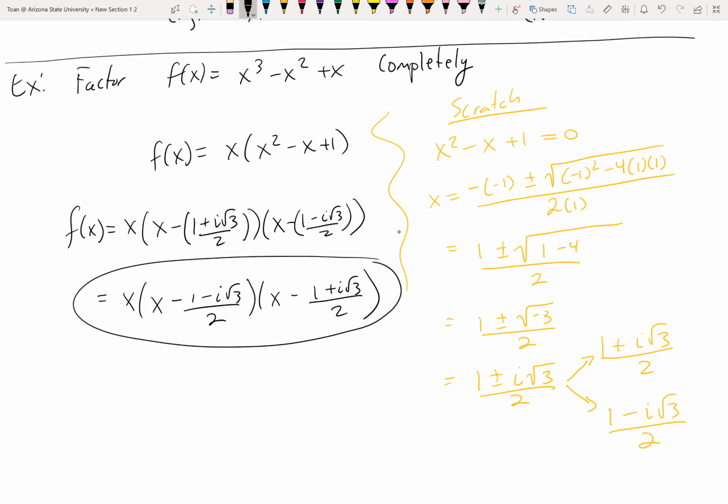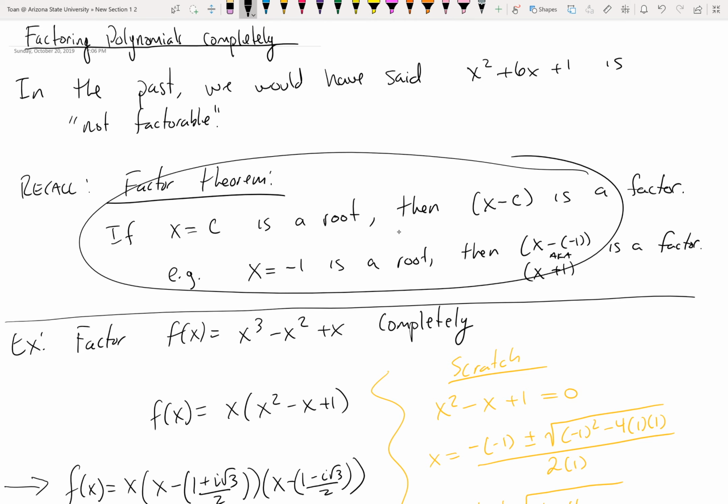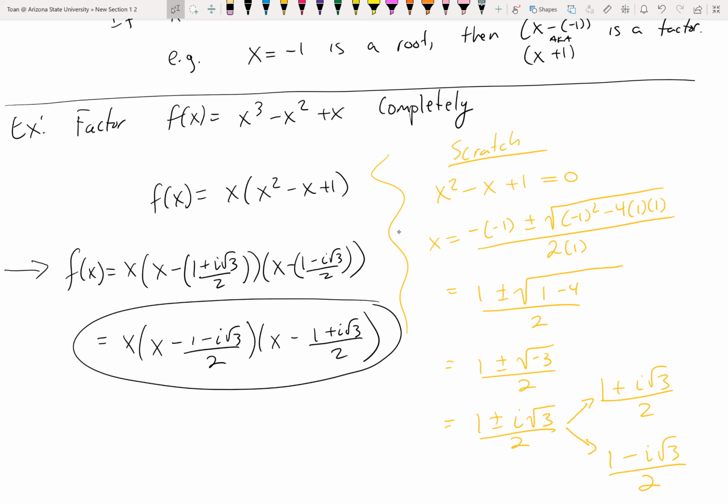But this or this I would accept. And that's basically factoring completely. Anything that's, quote, not factorable, just solve it like a regular problem. And then once you have your two answers, apply the factor theorem. So to factor completely, solve, and then rewrite in factored form.